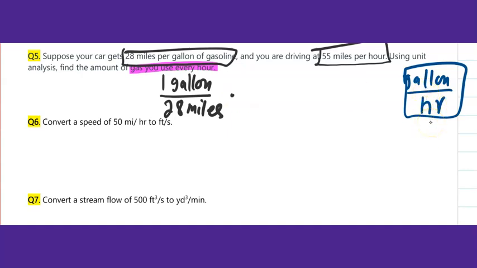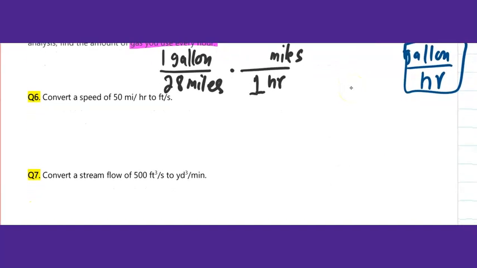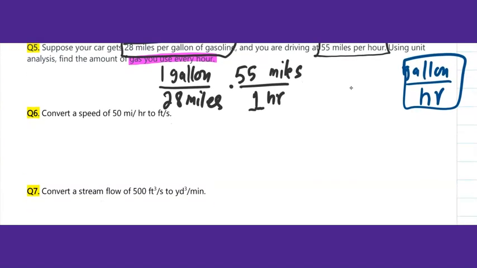Since I need hour in the bottom, I put hour here, and I don't need the miles because my answer unit is not miles, so I put the miles here in the top. So now we have 55 miles per hour, that means in 1 hour it runs 55 miles. So I put 1 hour here and 55 miles here. If you do that, this miles cancels and you see the answer, gallon per hour.